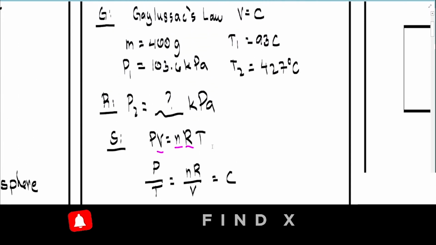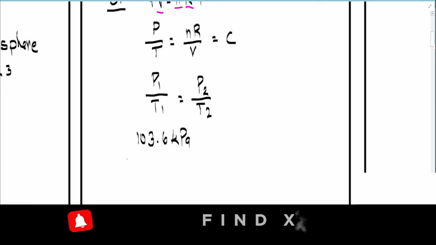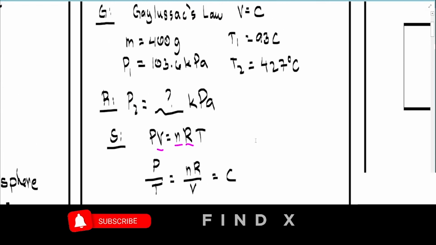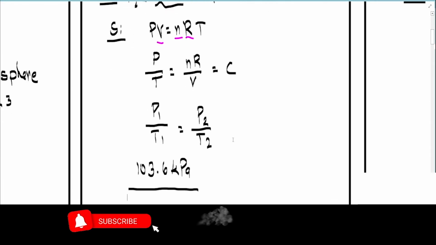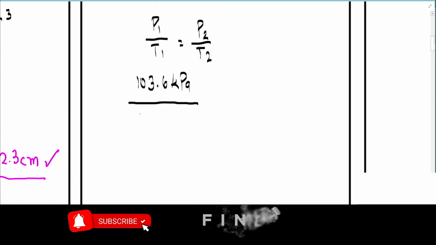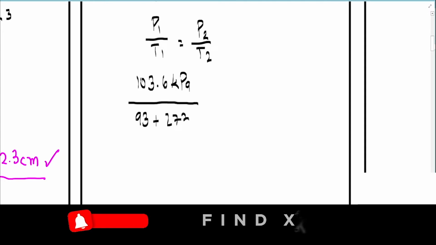So which one? We have P1 103.6 kilopascal all over what's the given for T1? That is 93. Okay, so you have to convert it into Kelvin. So 93 plus 273 to make it in absolute temperature, all equal to P2, which is the one that we're looking for.